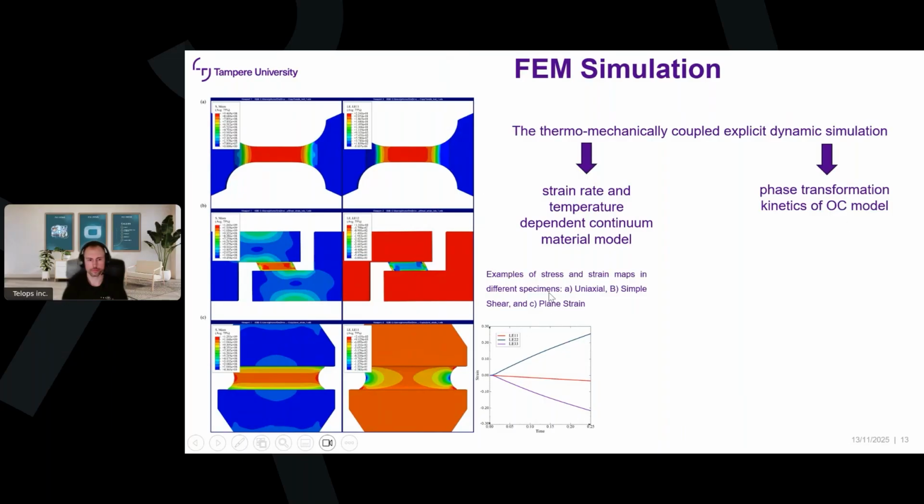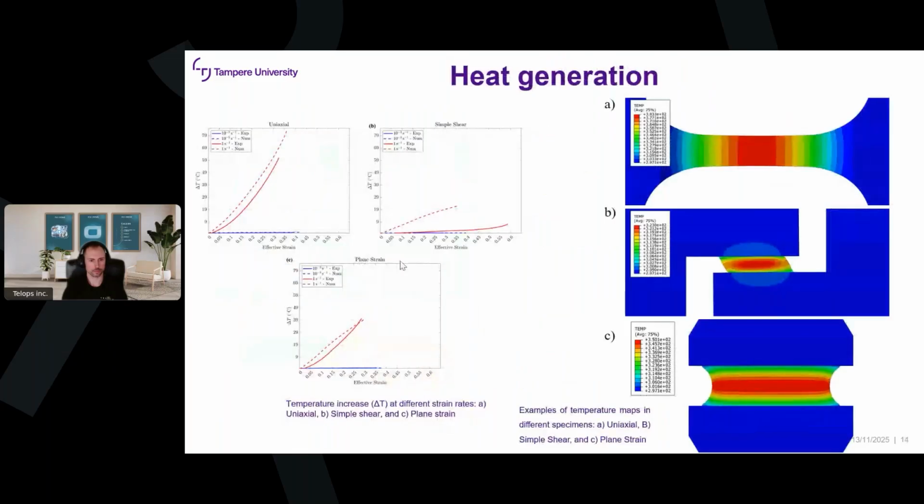These are examples of stress and strain maps. As you can see, in all gauge lengths, the distributions of strain and stress are homogeneous. We plot these strain figures to show that in this center, we have the plane strain condition. So we had an FEM simulation, and we compared it with the real data.